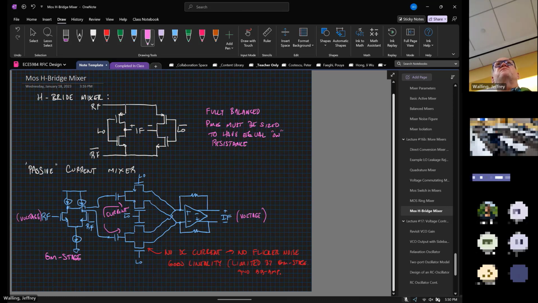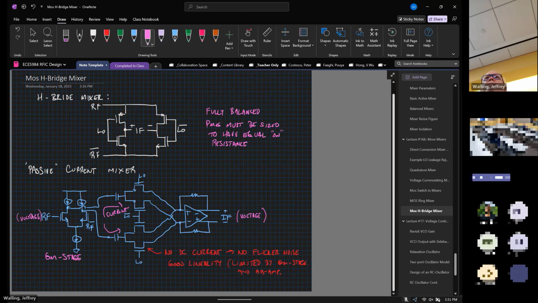They're not subject to any DC biasing. In other words, we're not putting any constant DC current through them, so they have no flicker noise. And then they also have pretty good linearity that's primarily going to be limited by the gain stages that are surrounding the mixer. The mixer itself will have pretty high linearity by itself, just because all we're doing is switching it.